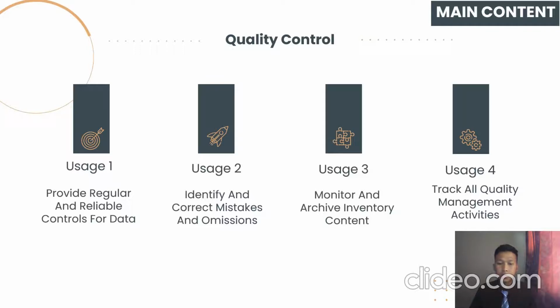It is also important because it is able to identify and correct mistakes and omissions. It is also able to monitor and achieve inventory content in the production system, and it is also able to track all quantity management activities for the production system.